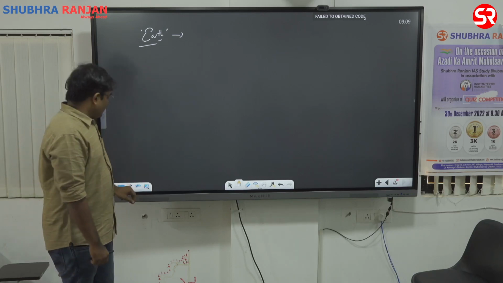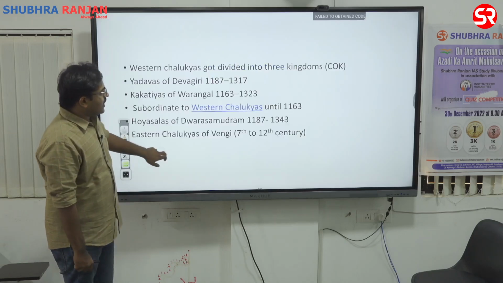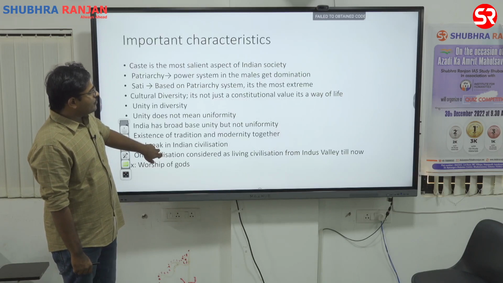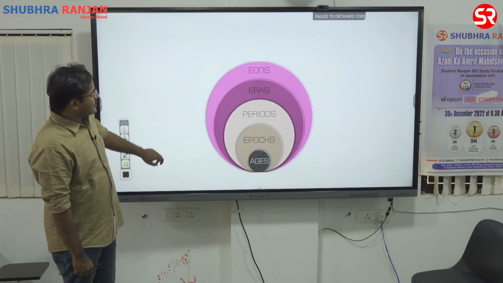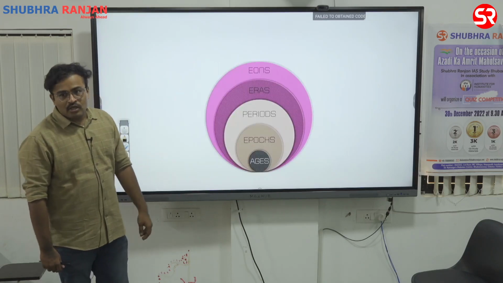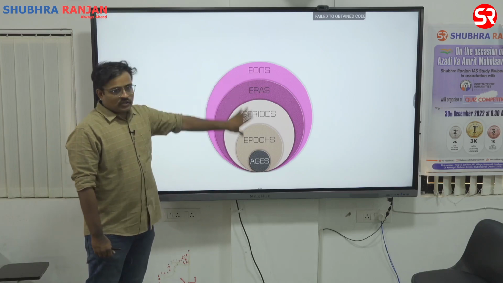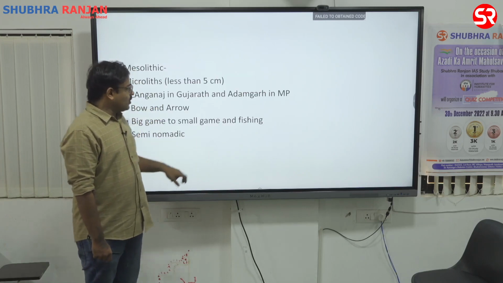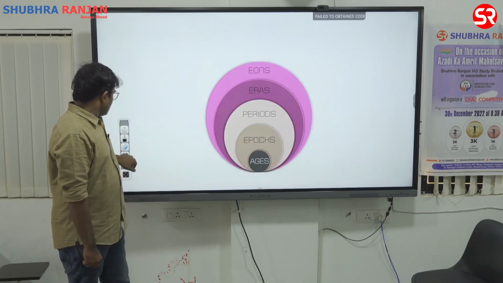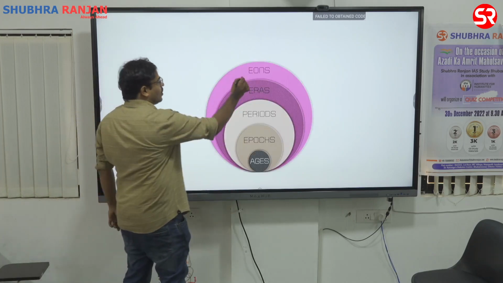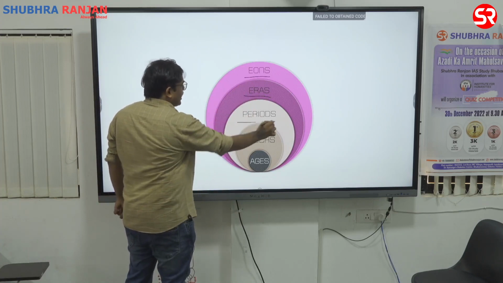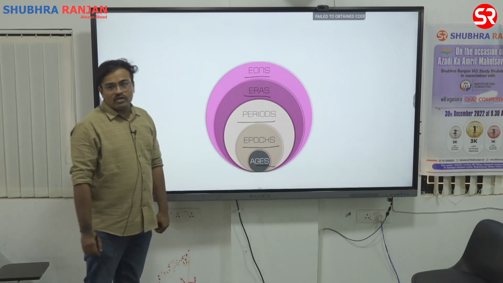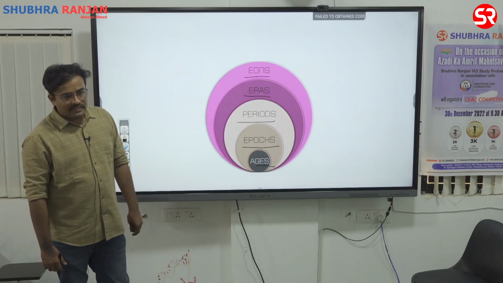The story of Earth starts nearly 4.5 billion years ago, and its periods are usually divided this way. The broadest or largest unit is the eon; below the eon we have the era, below the era the period, below the period the epoch, and below that the age.